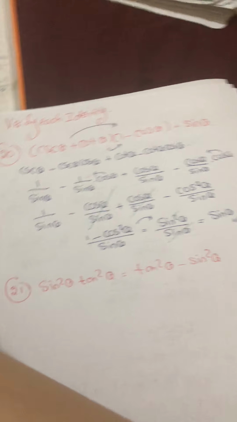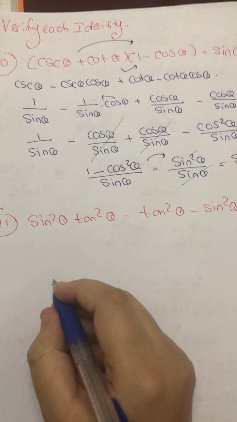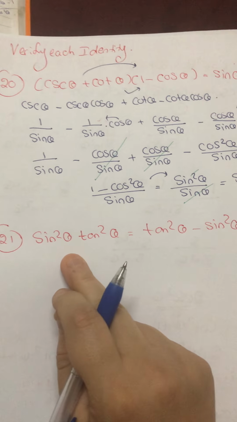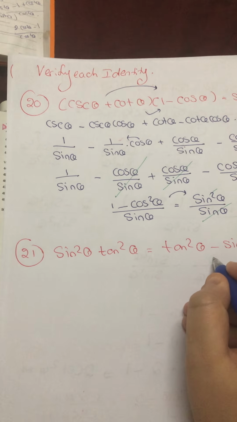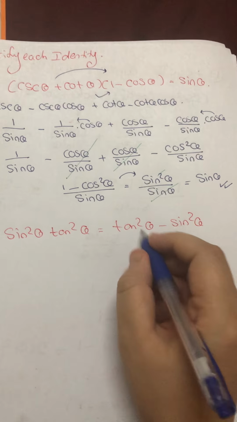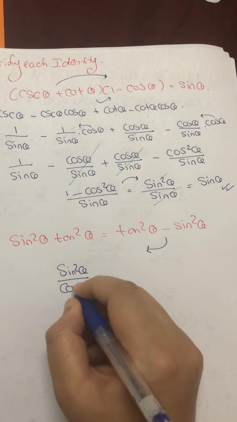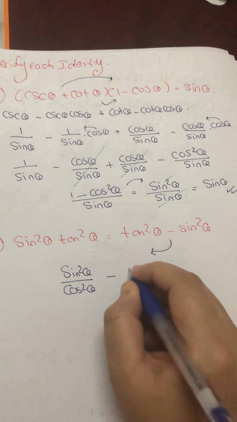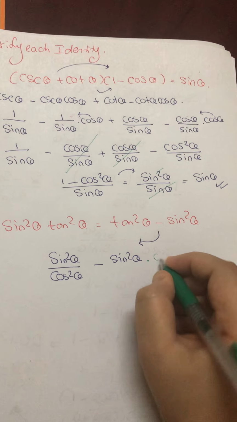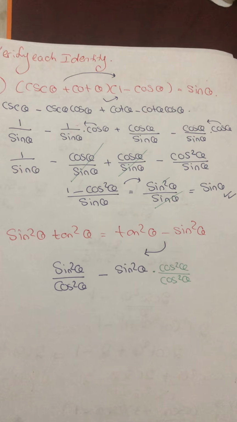Okay, for question number 21, I started by working on this side, actually not this side. If I work on this side, again it's your choice, I'm gonna change this to sine squared theta over cosine squared theta minus sine squared theta. To be able to subtract them, I need to multiply by cosine squared theta over cosine squared theta.